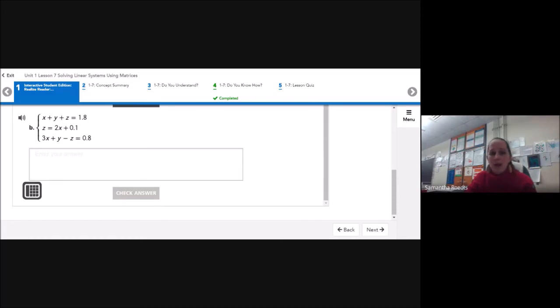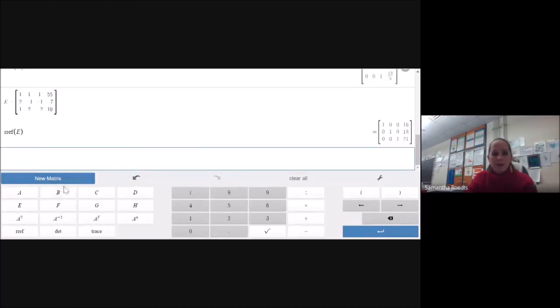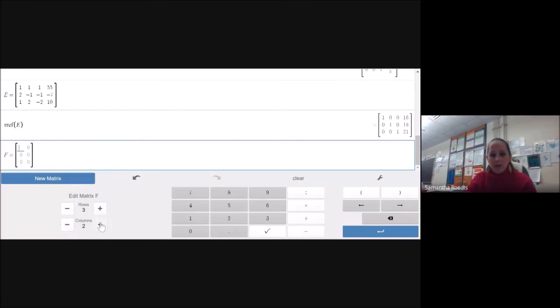Okay, I'm going to go ahead and create a new matrix. So x plus y plus z is 1.8. -2x plus z is 0.1, and then 3x plus y minus z is 0.8. Okay.